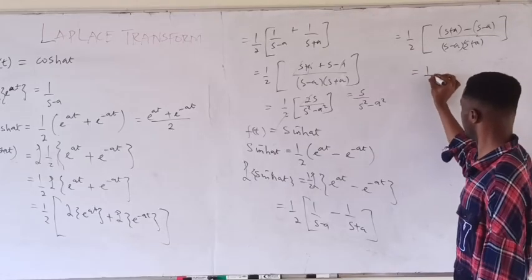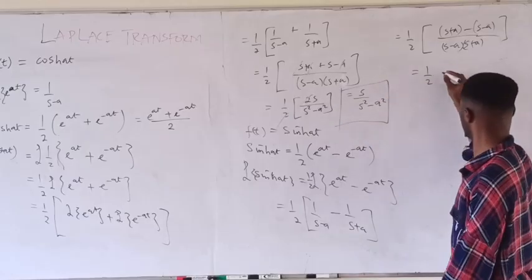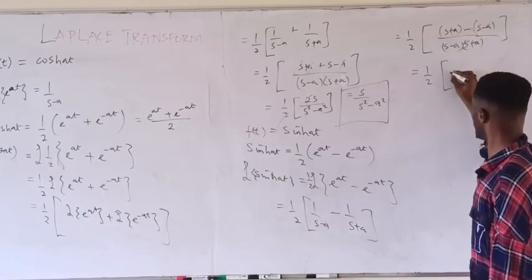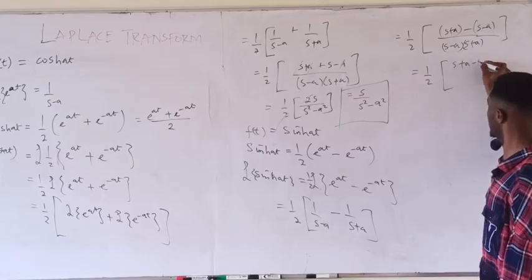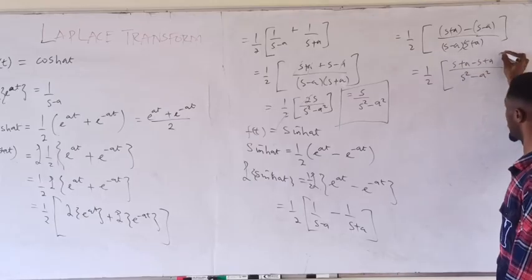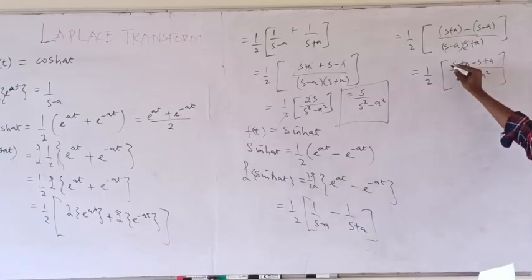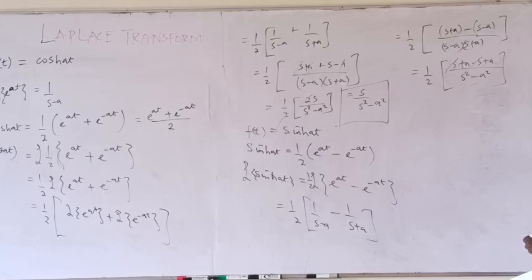So I have 1 over 2 into s plus a minus s plus a divided by s squared minus a squared, because this is the difference of two squares. So s cancels s, and what I'm left with is only a.